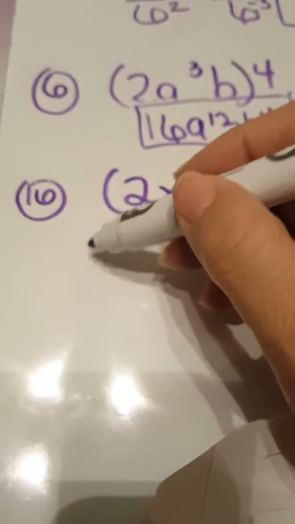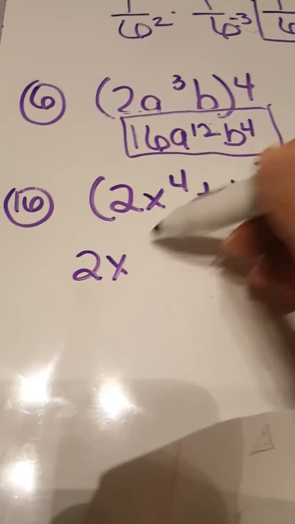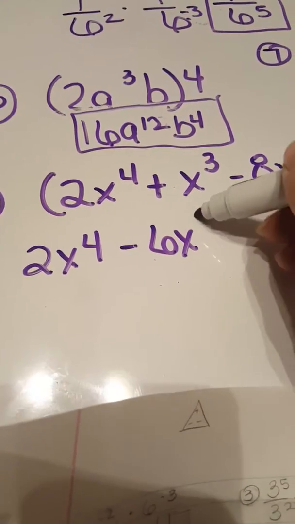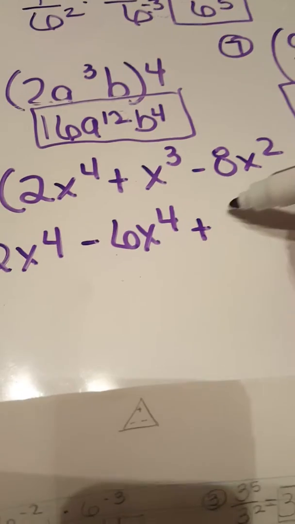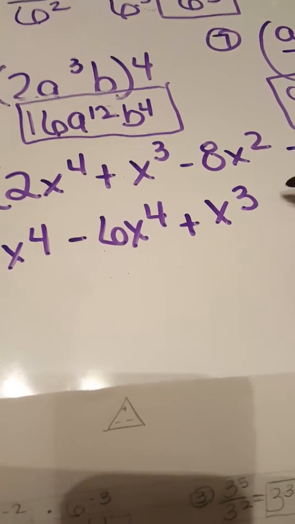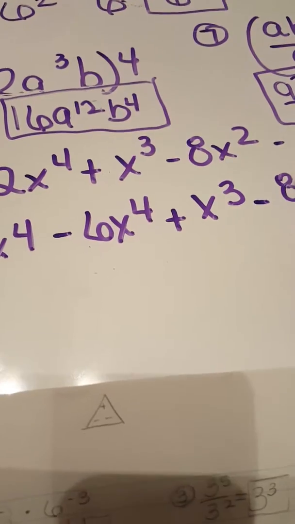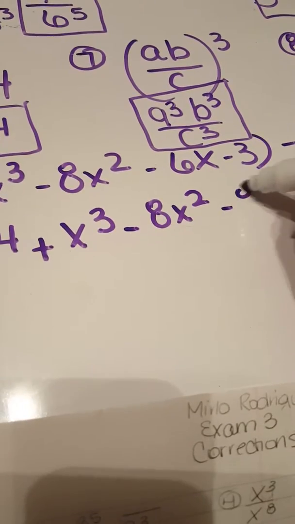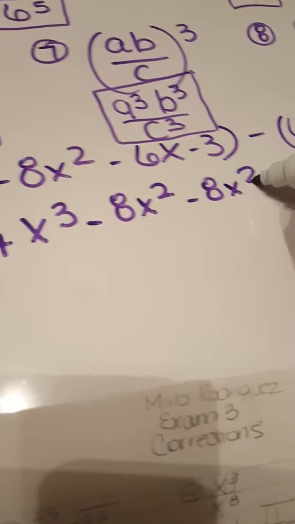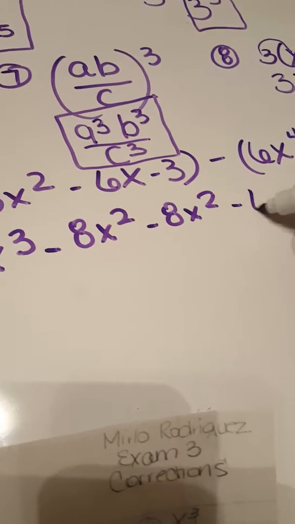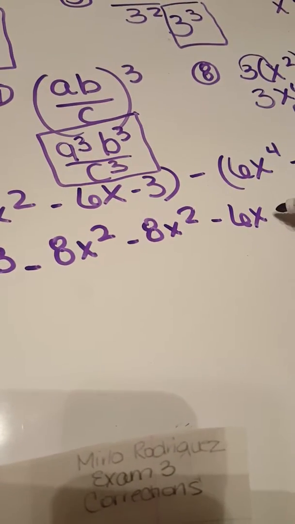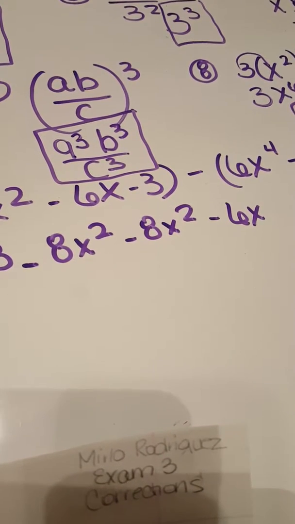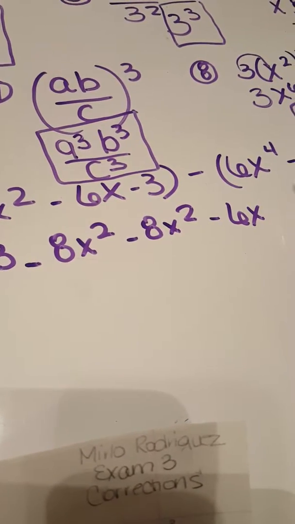I'm going to start right here. 2x4. Okay. Negative 6x to the 4th plus x to the 3rd minus 8x to the 2nd, okay, minus 8x to the 2nd minus 6x, okay, minus 6x, and then we have a plus 2x.